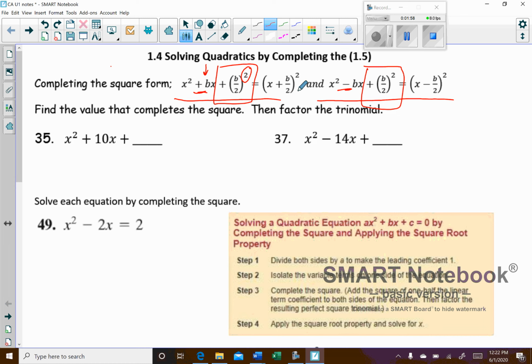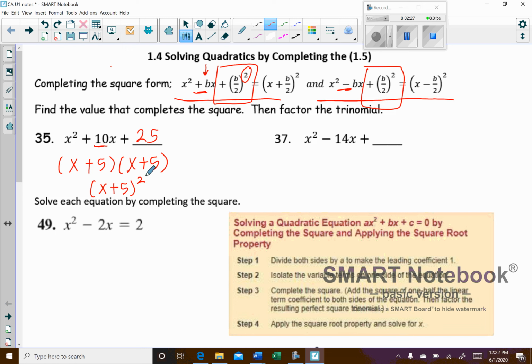So what we have to do here is figure out what constant term should be here to make it a perfect square trinomial. That's pretty easy to do. You just take half of this coefficient and then square it. Half of that is 5. 5 to the second power is 25. Then this factors into x plus 5, x plus 5, or what we're going to want to do is write it as x plus 5 to the power of 2.